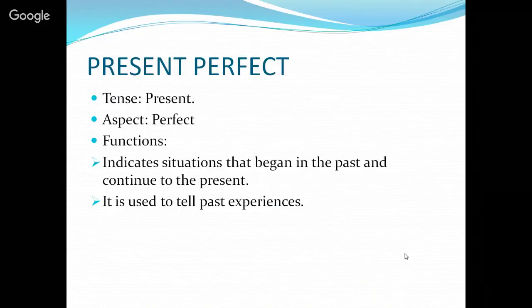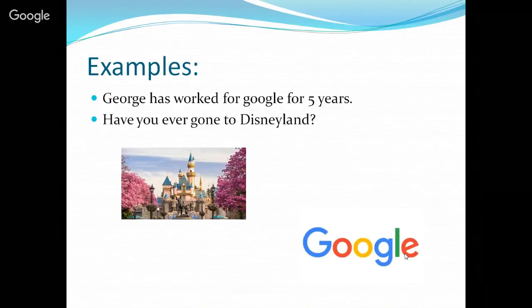Present perfect. The tense is present, my aspect is perfect. And functions. Present perfect indicates situations that began in the past and can continue to the present. It is used to tell about past experience. For instance, George has worked for Google for 5 years. In this example, I know that George began working for Google in the past, and he is working until now.